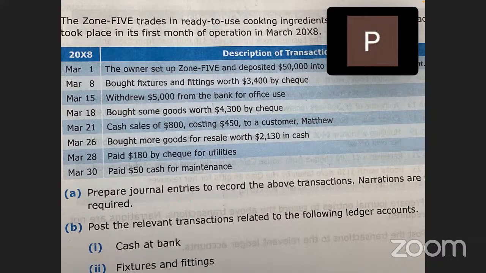Debit first, so $10. No need to write debit again. On the left, always the debit one, right? So just write $10 cash at bank. That's the debit side, the increase side. So there must always be $10 on the credit side. So you just write down $10 on the credit, and then you start thinking, hey, who's credit? Do you have any idea who's credit?